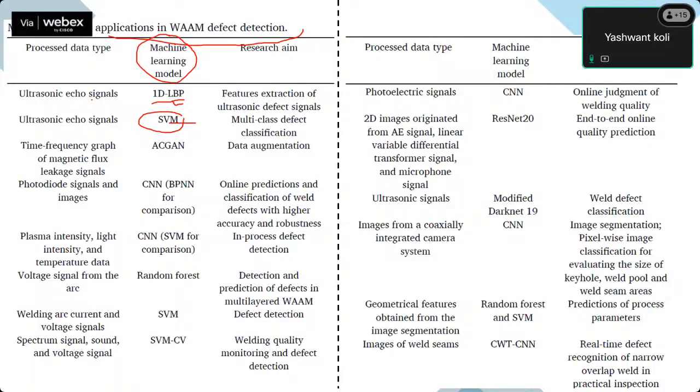So one more model like BP, this is back propagation. Back propagation gives the process parameter prediction and optimization. So this SVM, RF, and BP are the traditional machine learning approaches.